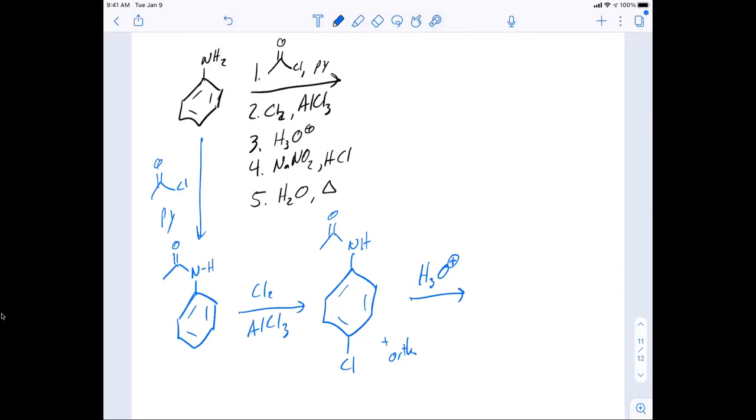H3O plus and amides will hydrolyze that amide. And with the H3O plus, I'll get the positive here. That won't matter too much because the next step is also in acid.